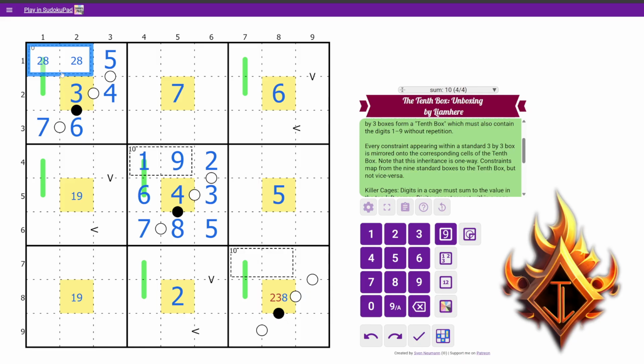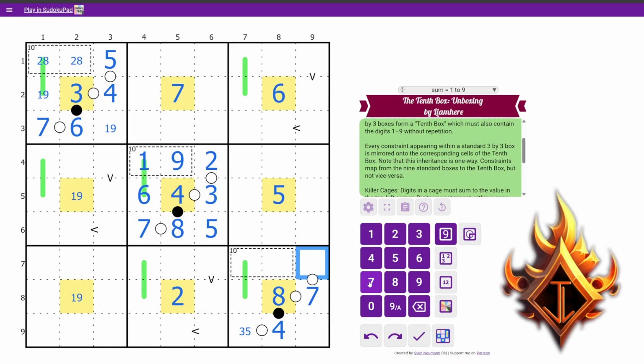Okay. So 1, 9 is going there. That is good. This becomes 8. So that is 4. This is 3, 5. This cannot be 9.